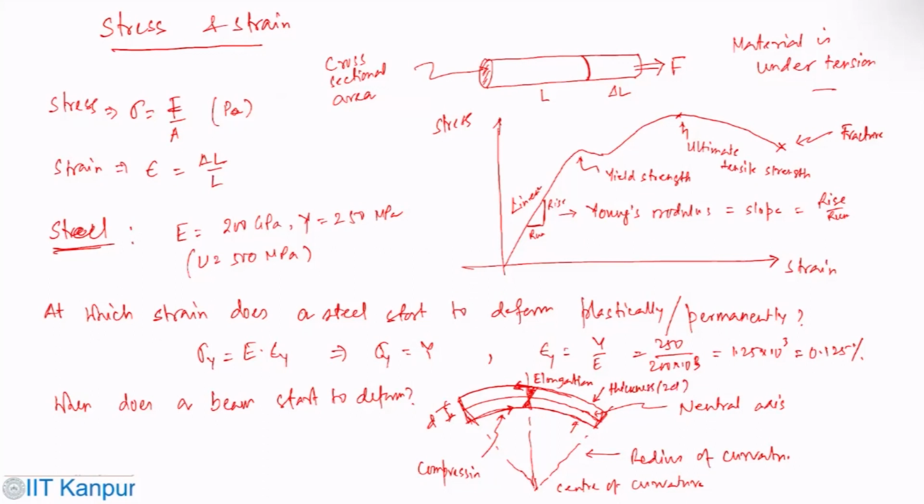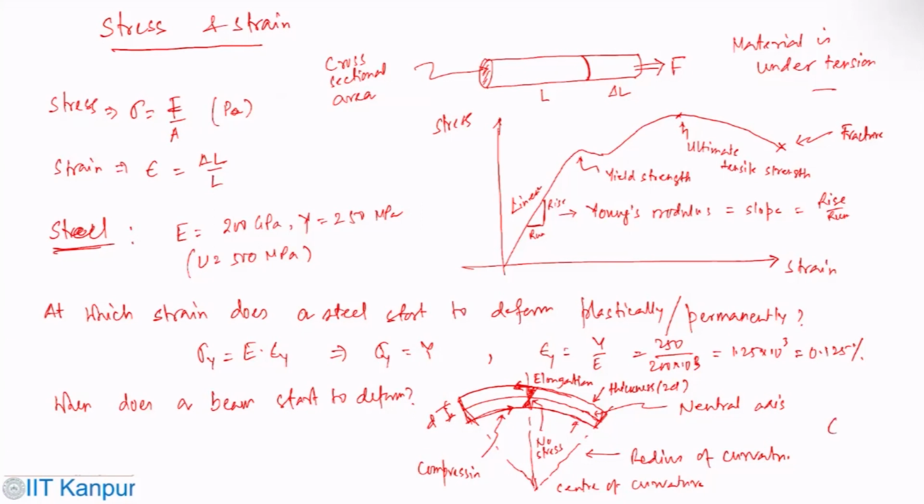So the neutral axis to the upper surface is D, and the neutral axis to the lower surface is also D. This point is the no-strain point.